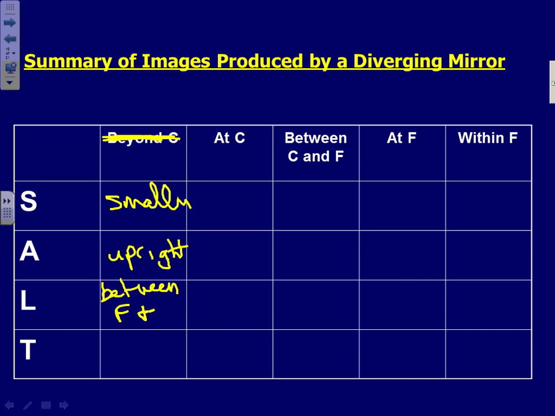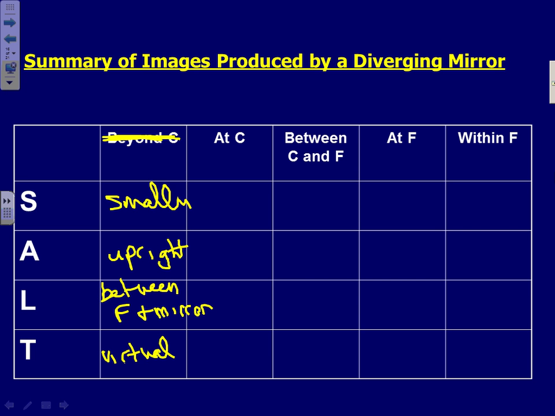Between F and the mirror. And type. Where do you have to look in order to see this image? Into the mirror. It's in behind here. So if it's in behind, what type is it? Virtual. Virtual. Diverging mirrors are not exciting in any way.